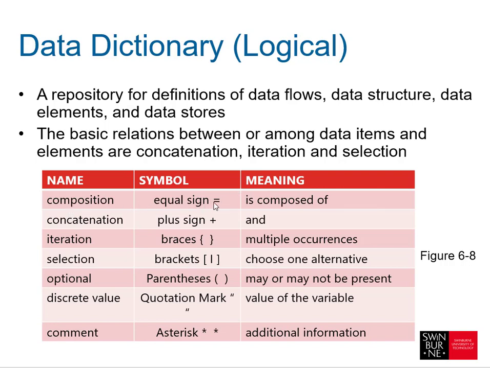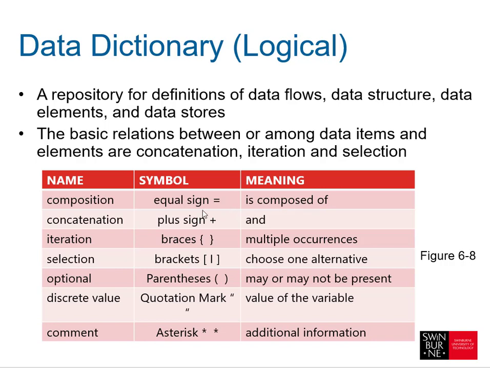Now, the equal sign shows you the composition of the contents. The meaning of the equal sign is "composed of". For instance, say the customer order comes from the external agent customer to our process.